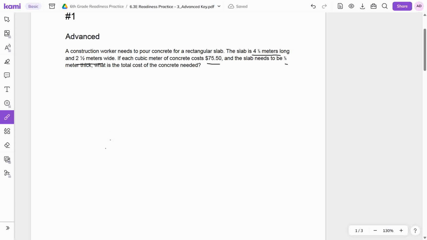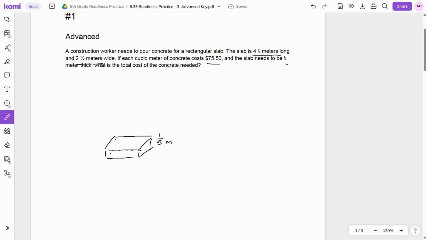So let me represent that right here. We're going to pretend this is our concrete slab. It's 1/5 of a meter thick, so that's going to be my height.